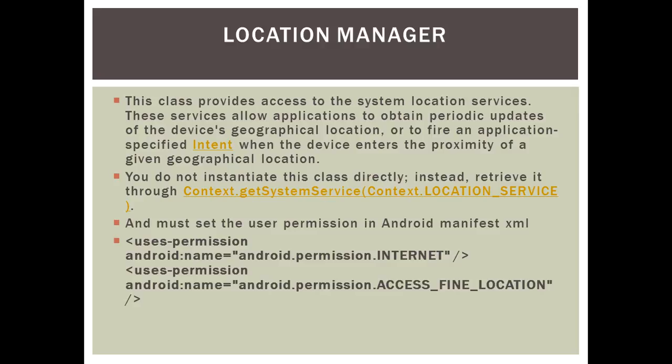The main important task is the context, the present context of our activity: getSystemService, Context.LOCATION_SERVICE. We have to apply this in our activity, and you have to set user permissions. One is the internet permission, and number two is the access fine location permission, because our GPS system is based mainly on these two: internet and access fine location, where we are.